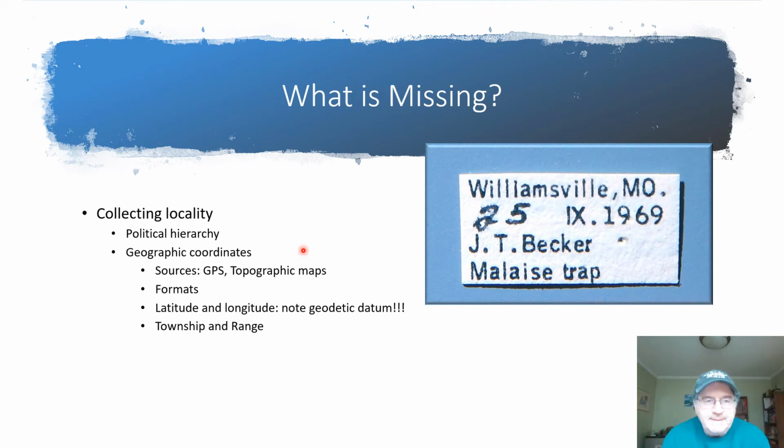So let's see, formats. A geographic position can be recorded a number of different ways. The most straightforward is latitude and longitude. And I would urge you to remember that not only is a measure of the accuracy of that measurement important, but also something called the geodetic datum.